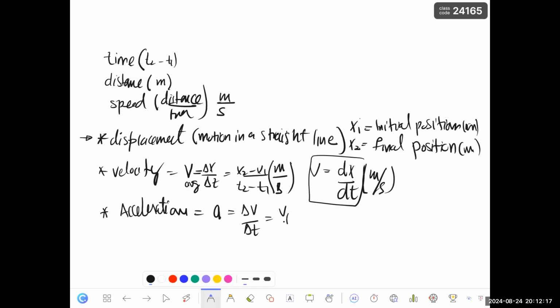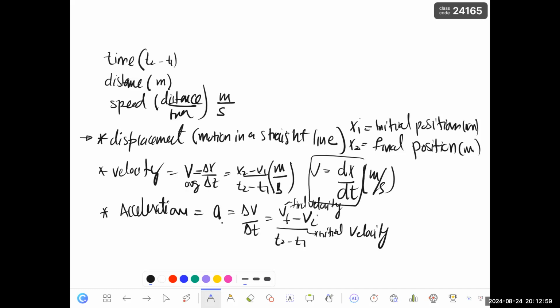You can also write vf, where f means final velocity, minus vi, where i means initial velocity, divided by time, and time could be t2 minus t1 or tf minus ti. You can call it final and initial, or you can call it second position and first position.